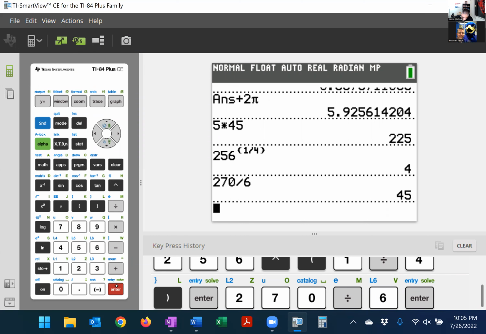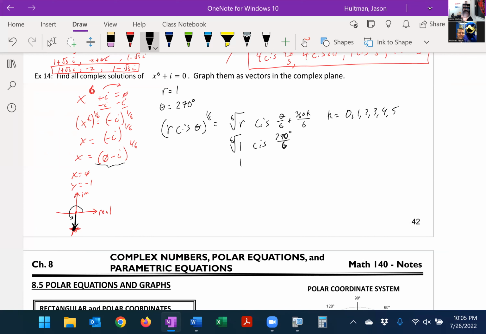Yeah, that's awesome. So this is 1 cis, 45 degrees plus, I should put this in parentheses, 360k over 6. And what's 360 divided by 6? Well, that's just 60. So this is 60 degrees times k.